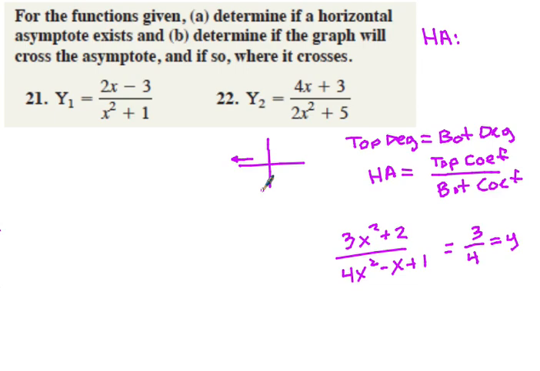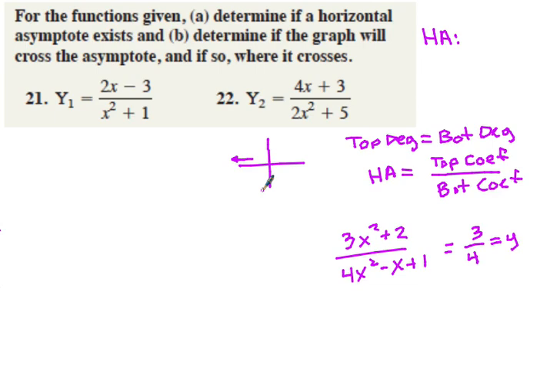So 1 trillion, not even close to 2. Same thing here. A million squared is way bigger than a million, and so this starts to not even matter. So what you end up with is 3 times a million squared over 4 times a million squared. So the million squareds will disappear, so you're left with just 3 over 4.